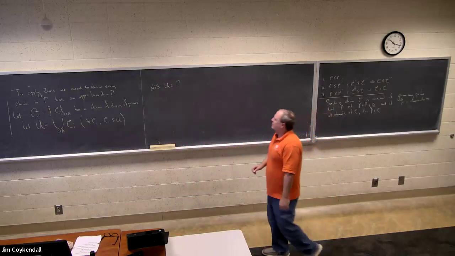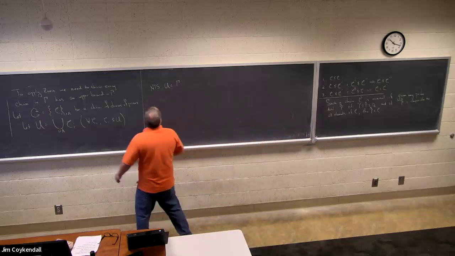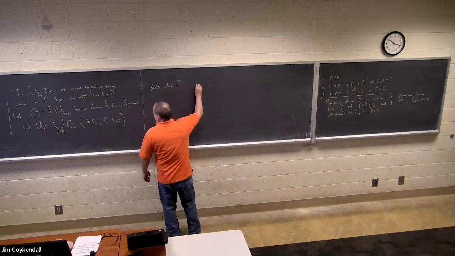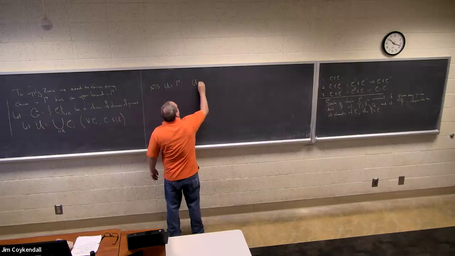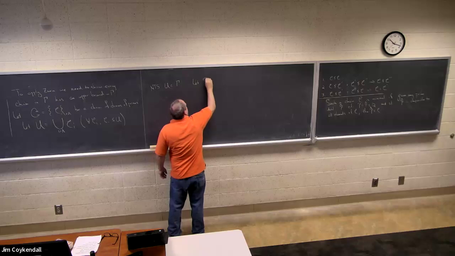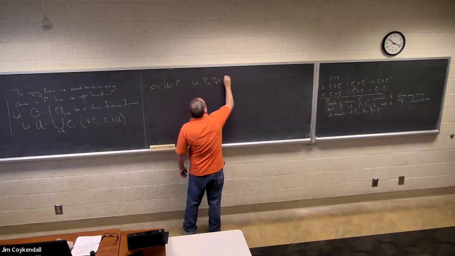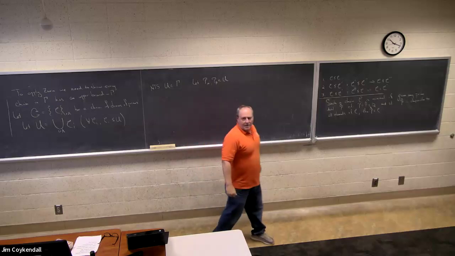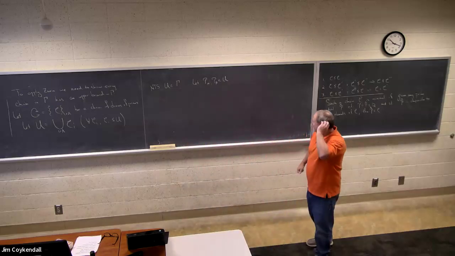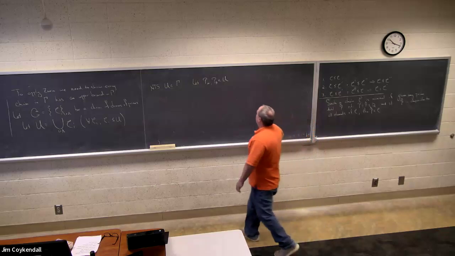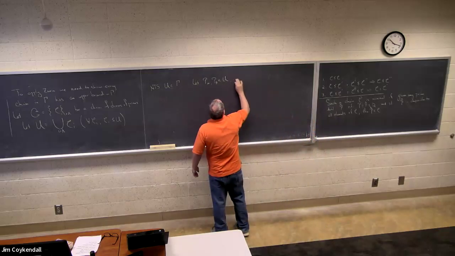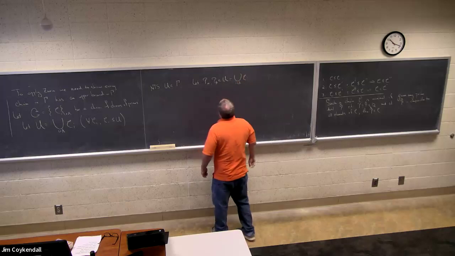So let's let P alpha, P beta be in U. Right? So there exists, this union, I do this for emphasis, all the chains.